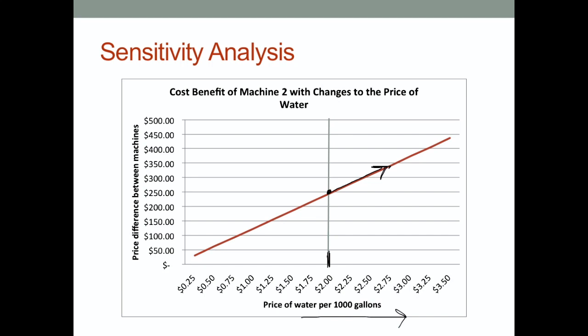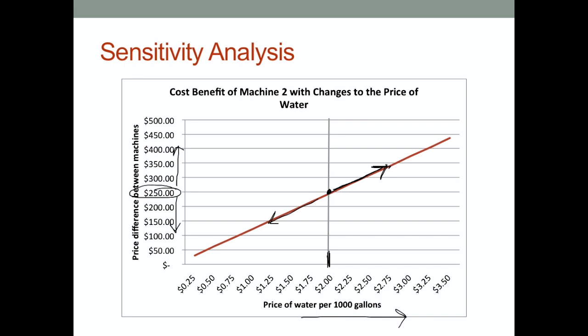So at $2 per 1,000 gallons of water, we're looking at approximately a $250 difference between the two machines, with machine 2 being the better buy. And as water increases, our price difference, our cost difference over the lifetime increases as well. Similarly, we saw that as the cost decreased, the price difference decreases as well.